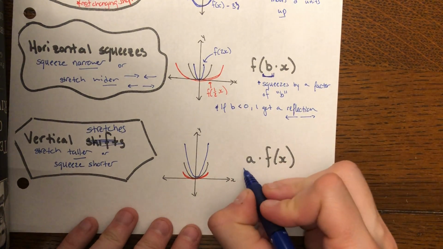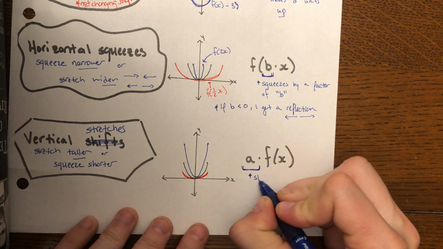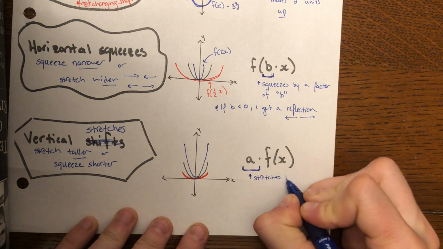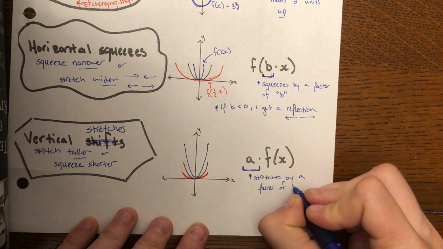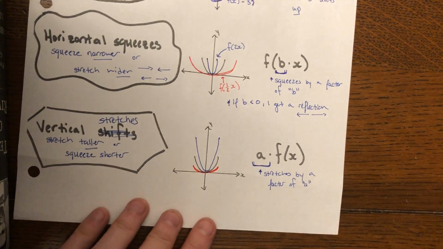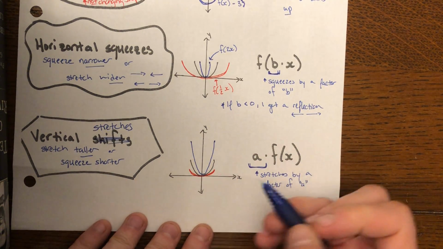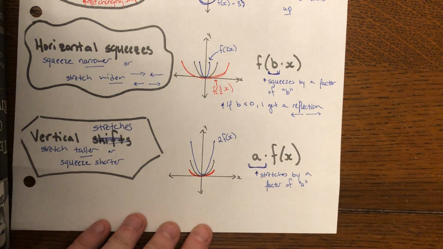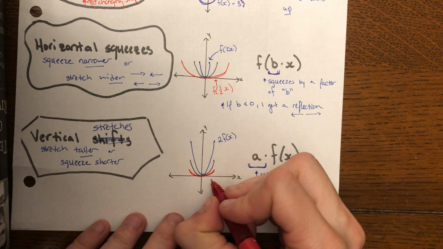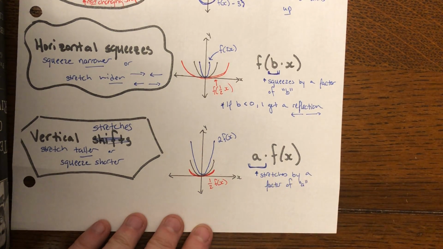This is done by multiplying by a number on the outside, and it stretches by a factor of a. So here we've got this big blue function. This got taller, we'll say by double, and so this might be 2 of f of x. Whereas my red function got shorter, so I might call it 1/2 f of x.